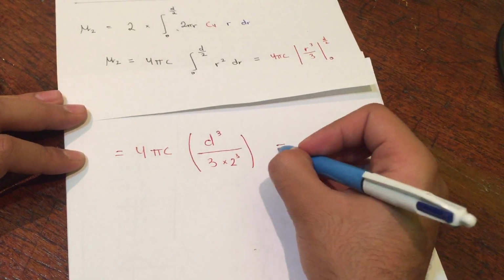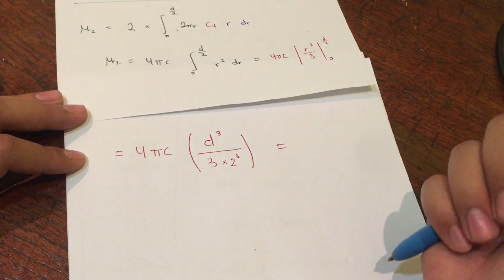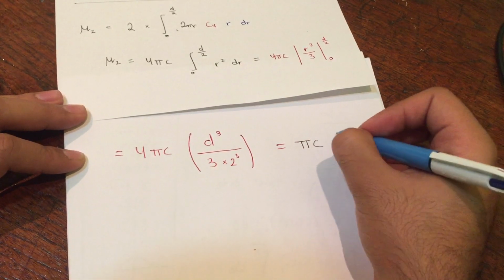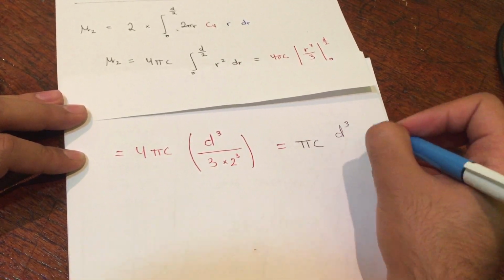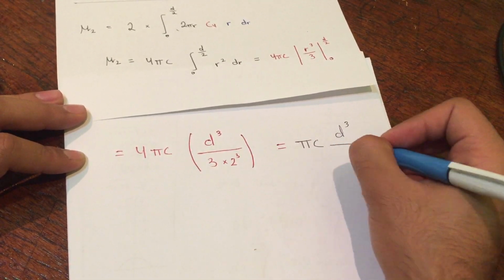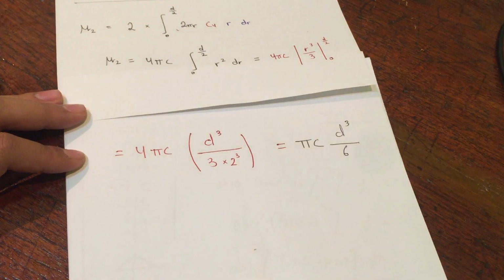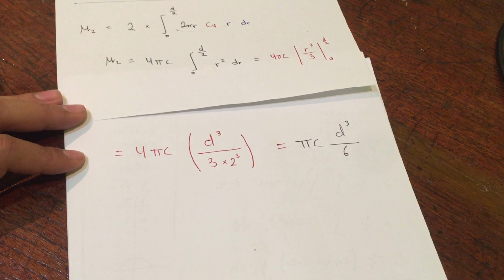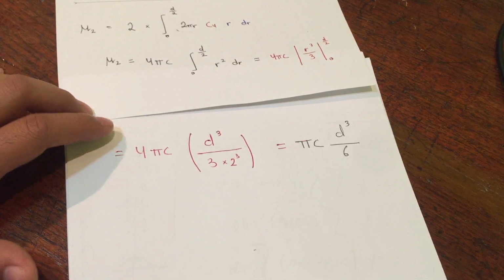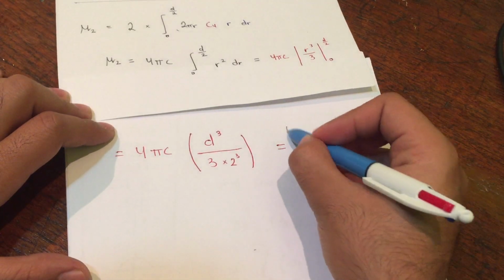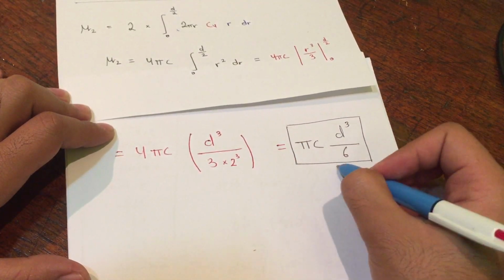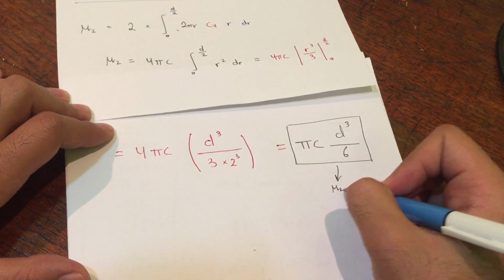So in general it can be done in this way, pi d cube over 6, by cancelling the 4 with a part of the 2 cube, and this will be my moment 2. My moment 2.